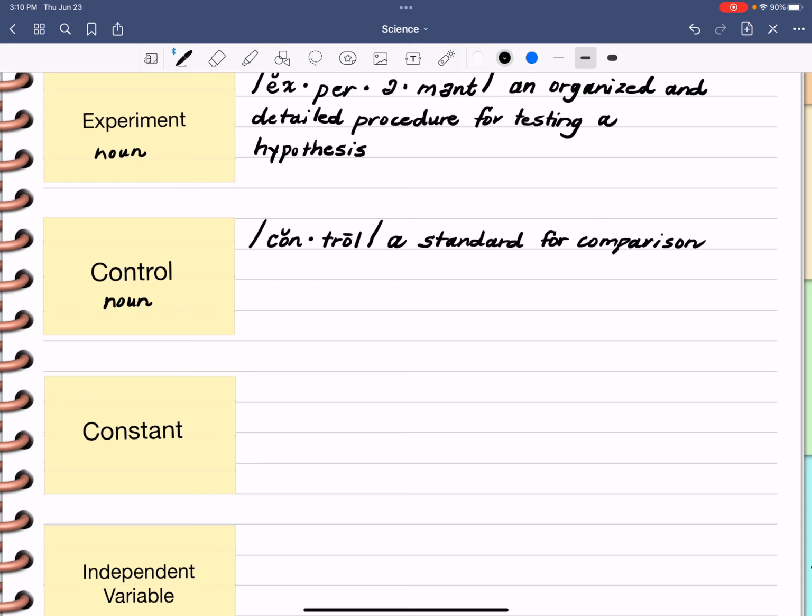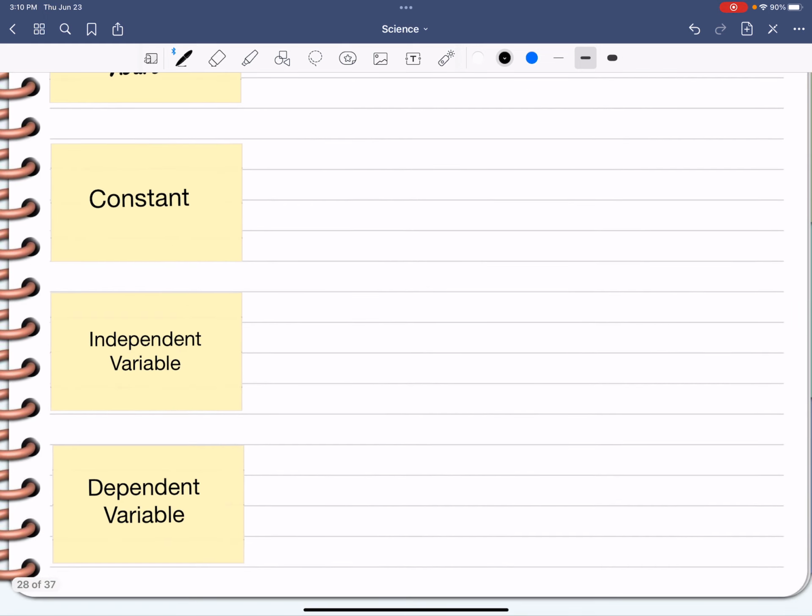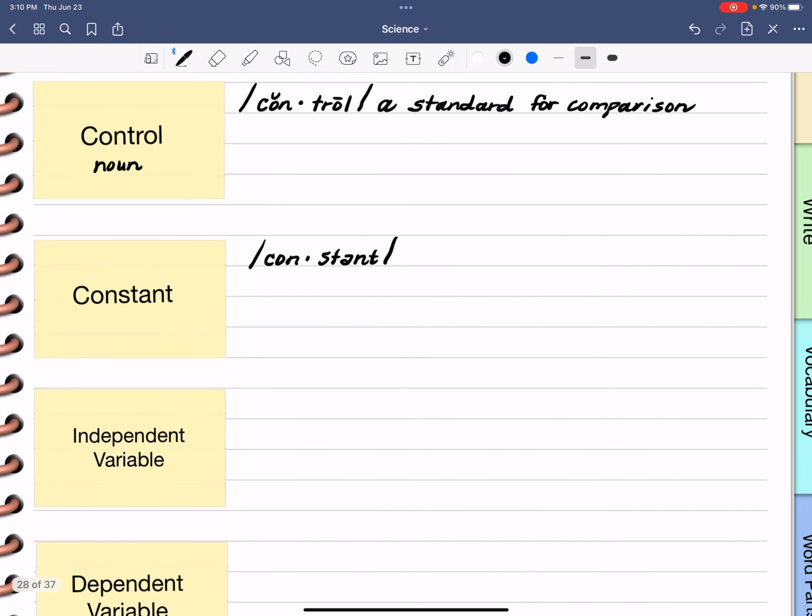Okay, the next word is a constant. So I have stunt. That's an uh sound in there, so let's do schwa. Constant. A constant is a factor, so it's a noun. It's starting off with the word a, factor that does not vary in an experiment.